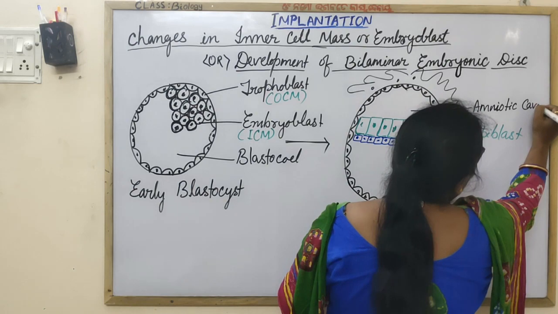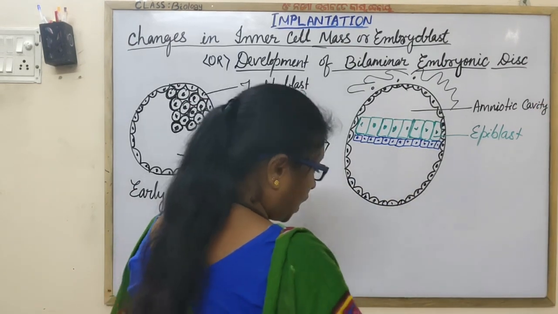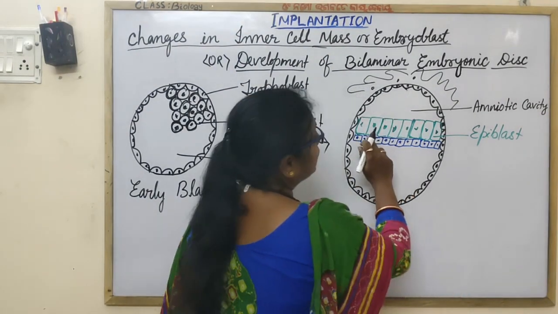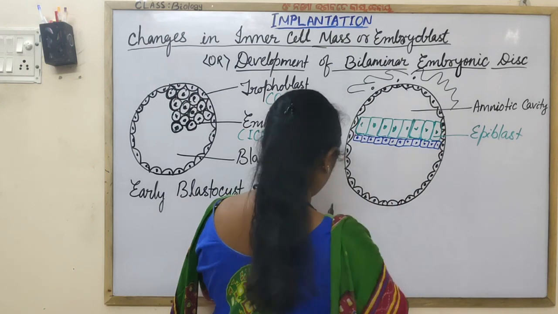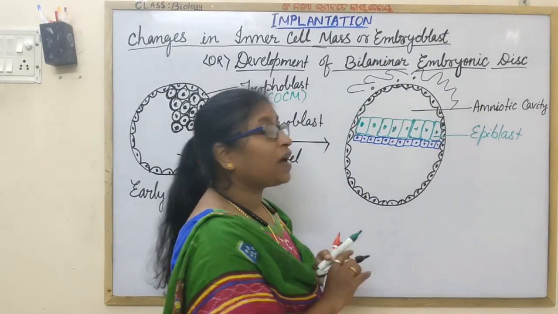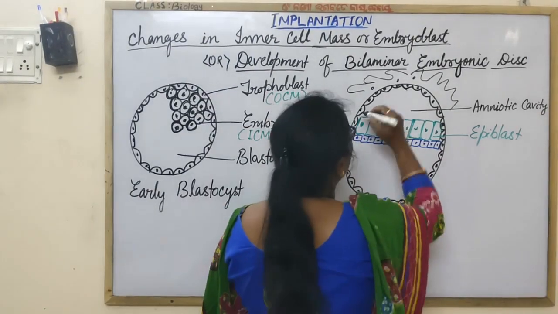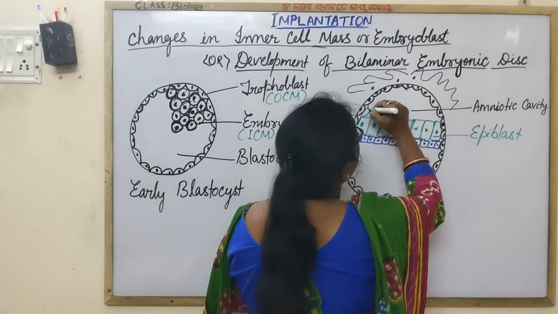Amniotic cavity. The floor of the amniotic cavity is the epiblast, whereas the roof of the amniotic cavity is formed by the amniogenic cells.